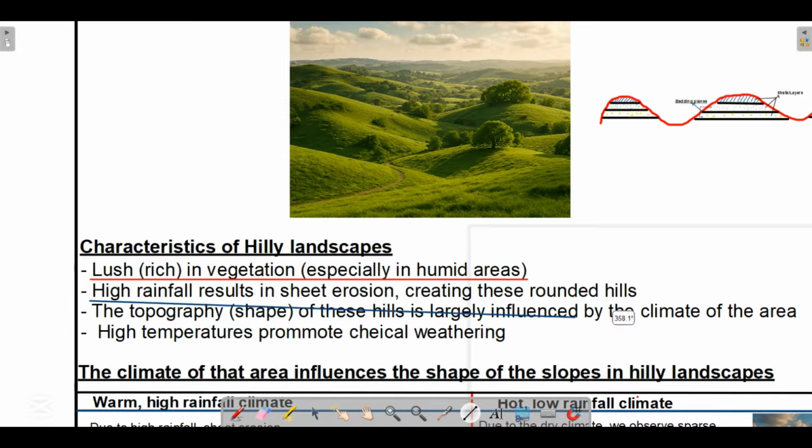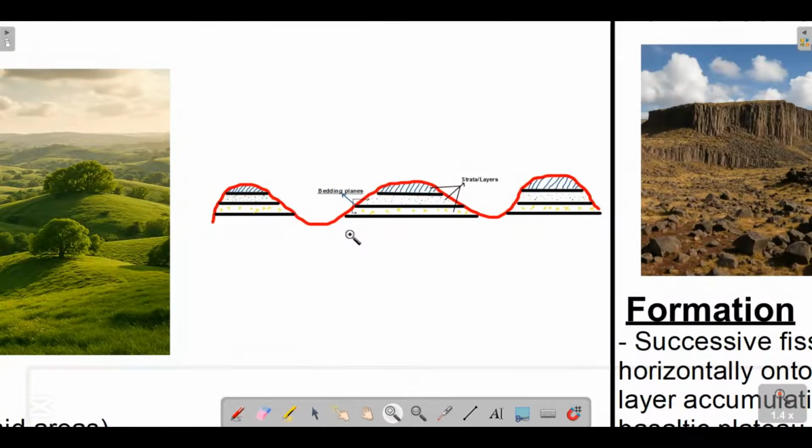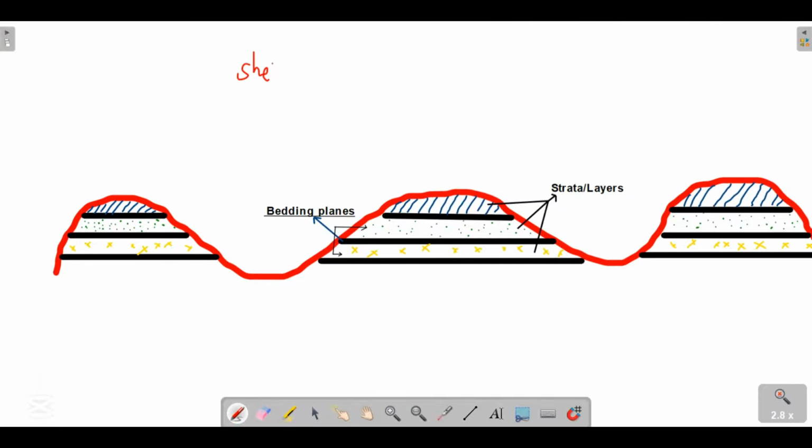And then high rainfall results in sheet erosion, creating these rounded hills. Sheet erosion is simply the removal of one thin layer. So you can sort of imagine sheet erosion is simply a removal of a thin layer, one layer at a time.